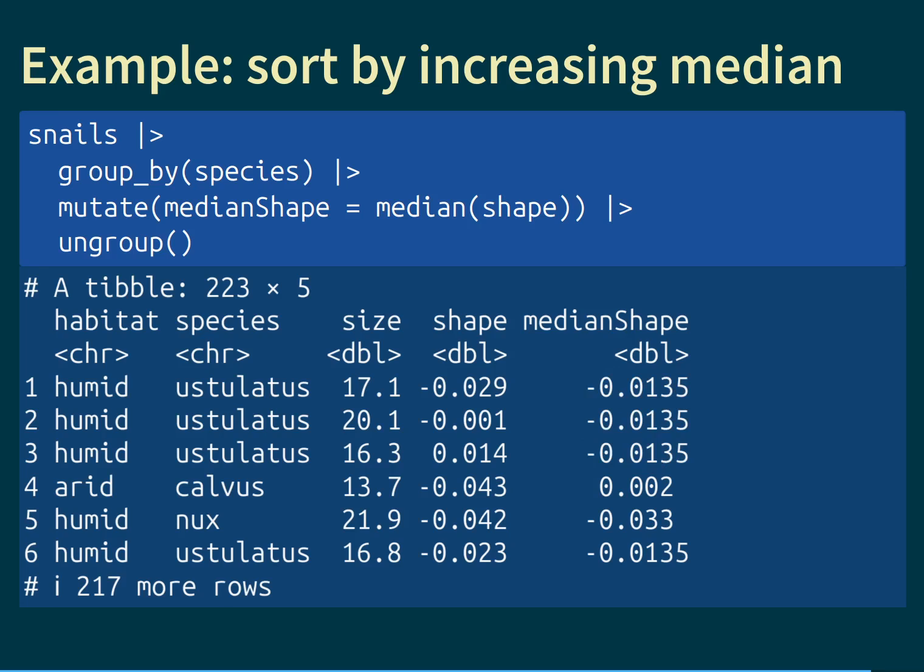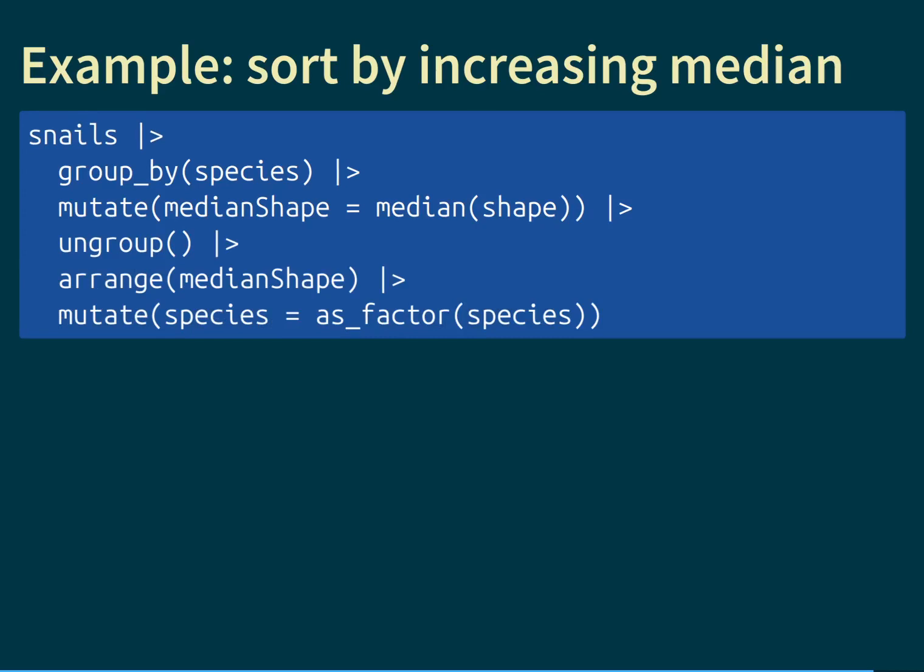But now that we have this median shape column at hand, we can arrange the rows of this table based on that column. And we can just do that by piping the result of the previous computation into the arrange function, which then will reshuffle the rows of the table to follow increasing order in median shape. And then we can convert the species column into factor using the asFactor function.